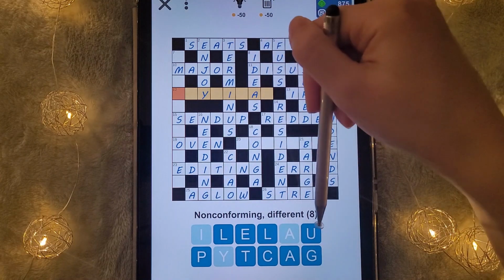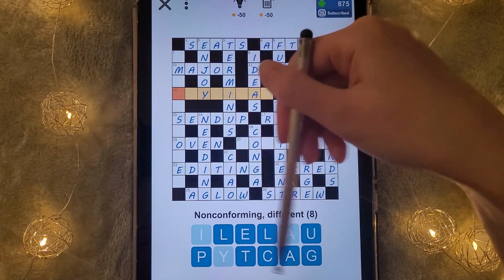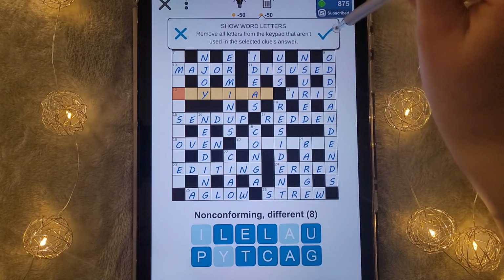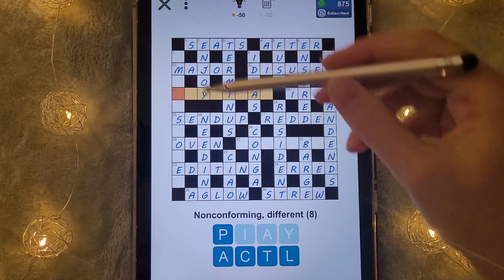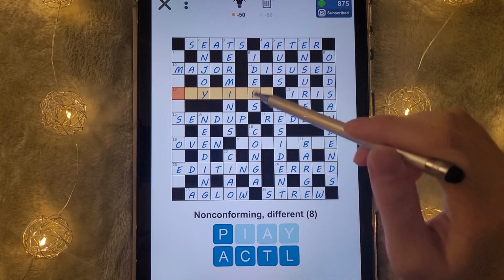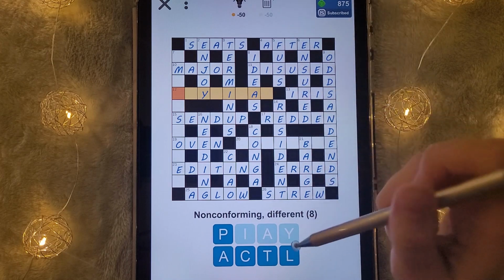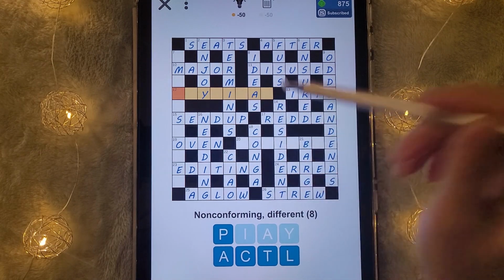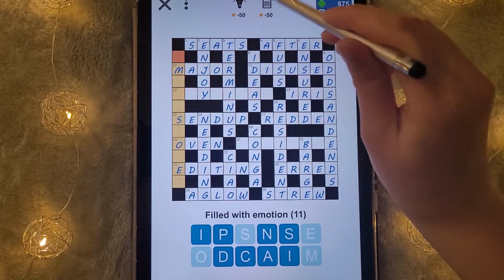You know, I think I'm going to take a hint and get rid of the letters that don't belong in the word. Okay. And so now these are the letters that we know are in this word. I'm really getting stuck. Let's do the same thing for this one.